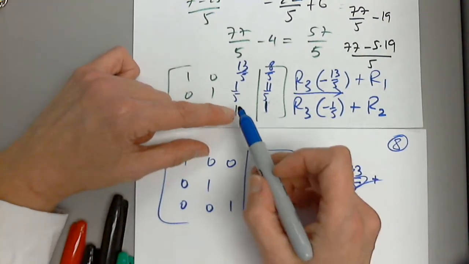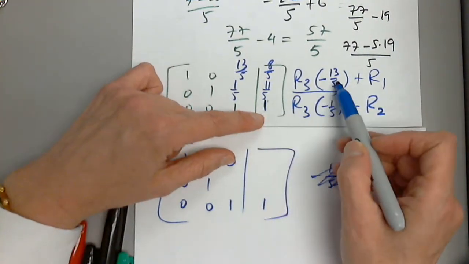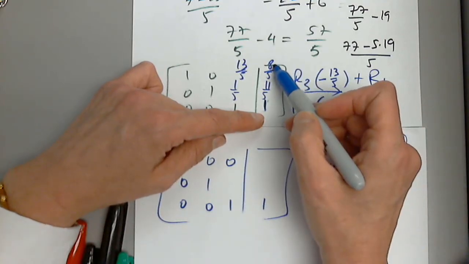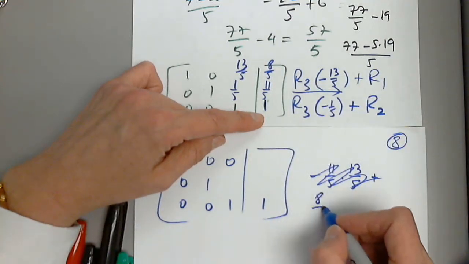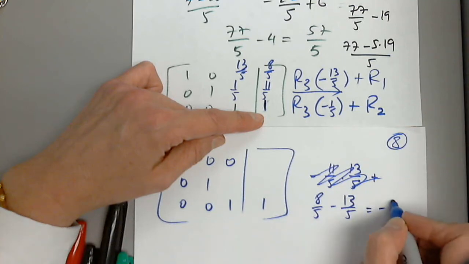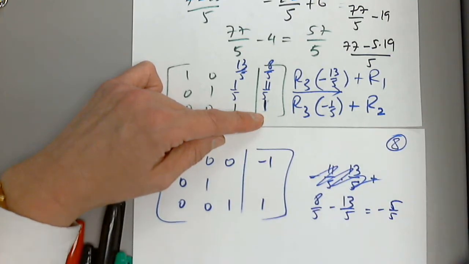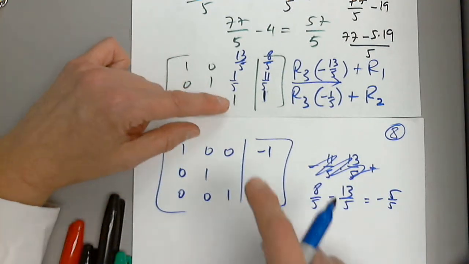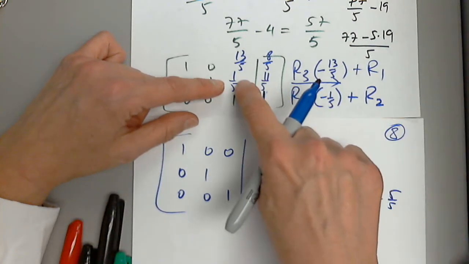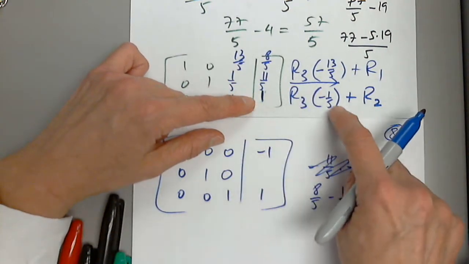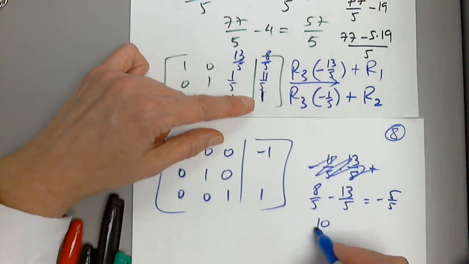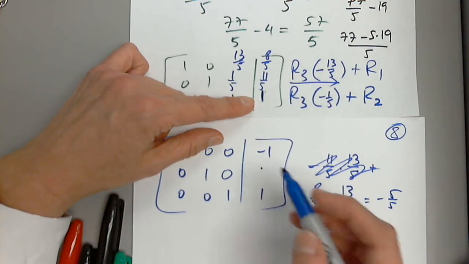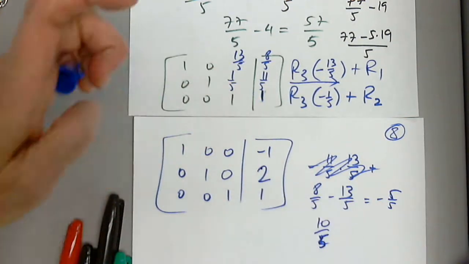Yes, row 3, of course. 1 times negative 13/5 plus 8/5 is negative 5/5, which is negative 1. Finally, 1 times negative 1/5 plus 10/5, which is 2.